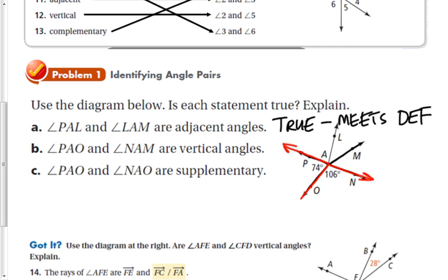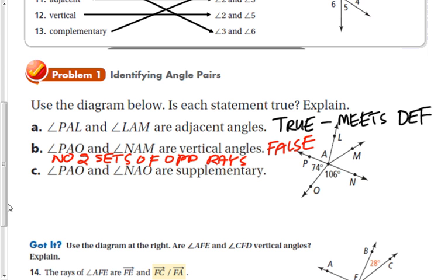For this ray here, this is not an opposite ray because opposite rays create a line. So those two are not vertical angles. So we're going to say false, because we don't have two sets of opposite rays.